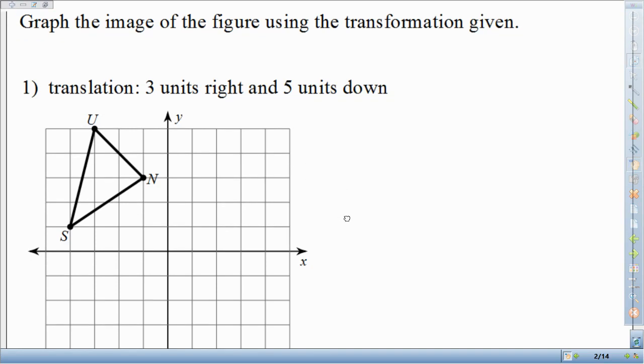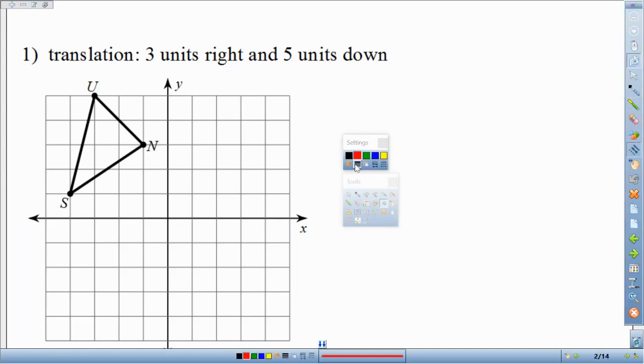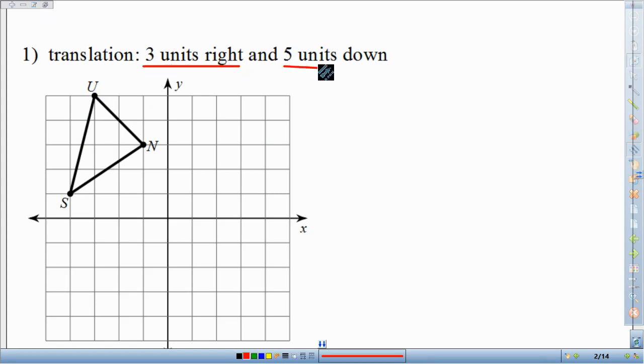Here is what this translation is asking us to do. It's saying to translate our polygon 3 units right and 5 units down. The way we're going to do that is we're just going to do that individually with each point of this polygon, this triangle.